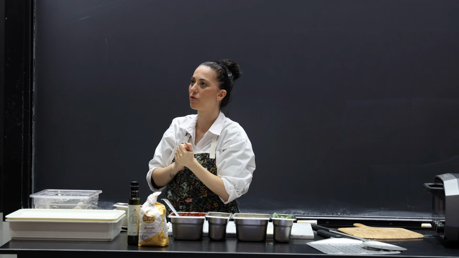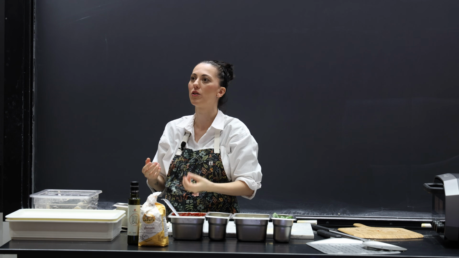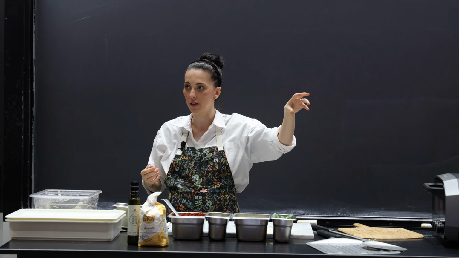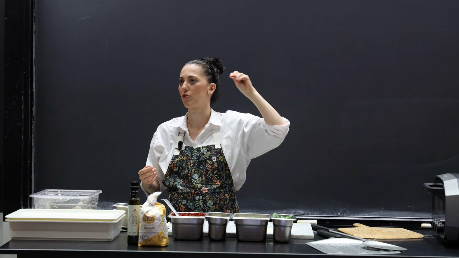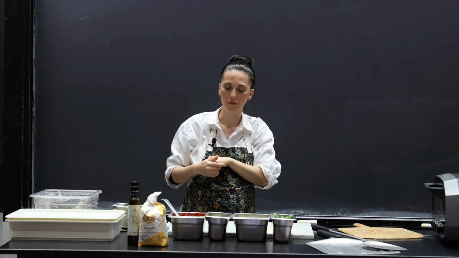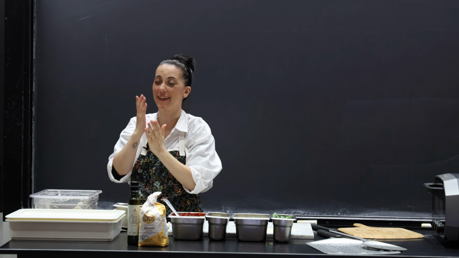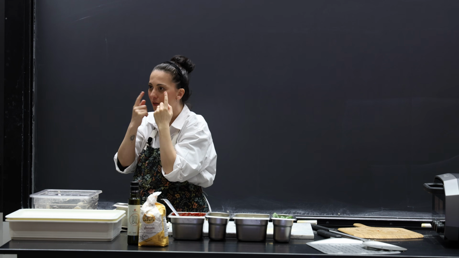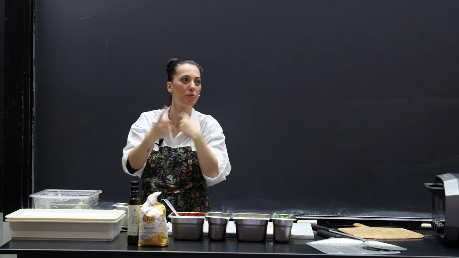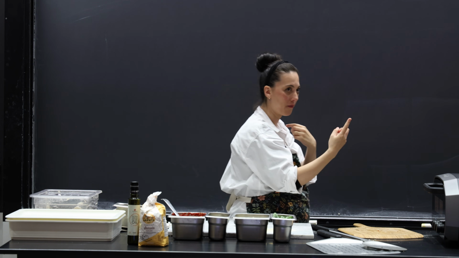I never put them in the same spot. Why? Because that spot is going to be cold, and it's going to take time to cook, so the result is going to be very different. This is why I always have a guy checking where is the last spot in the oven where I put the pizza.